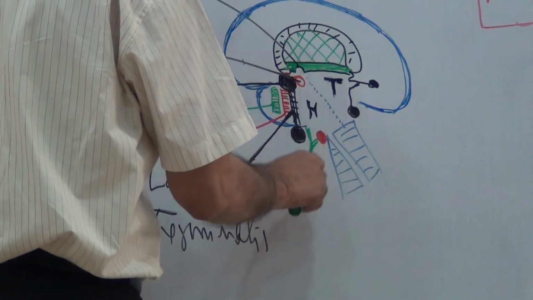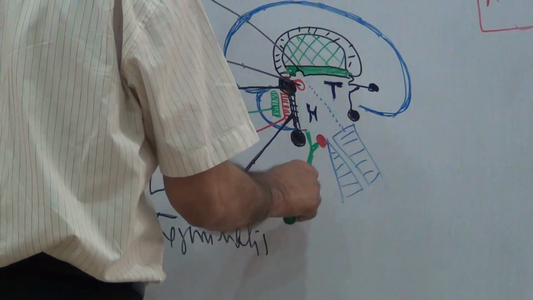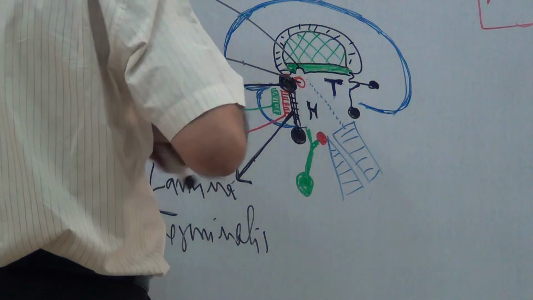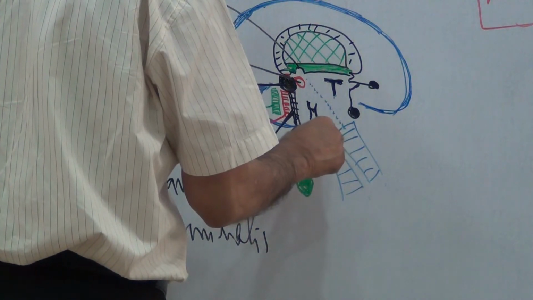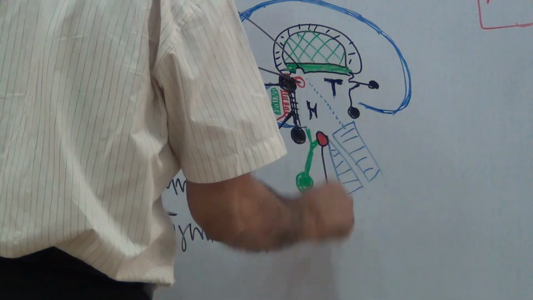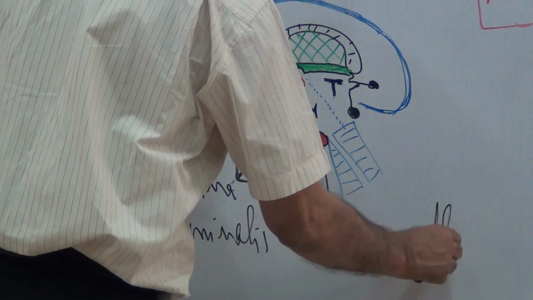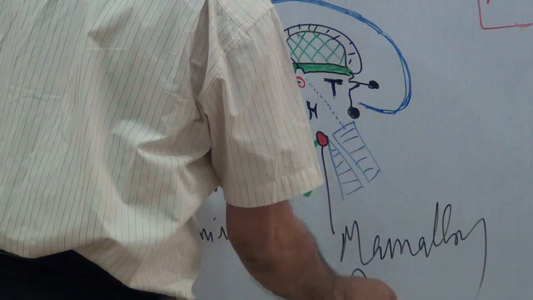Mammillary bodies, one right and one left, which belong to the hypothalamus.